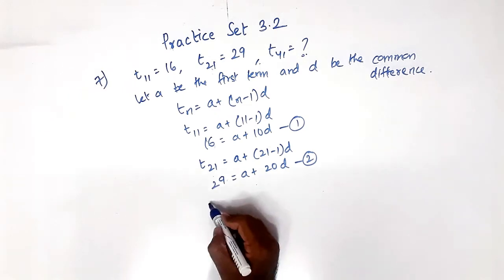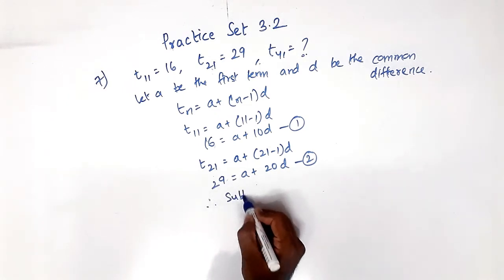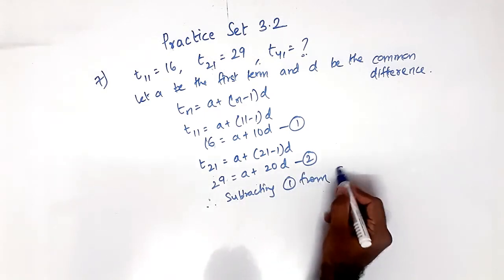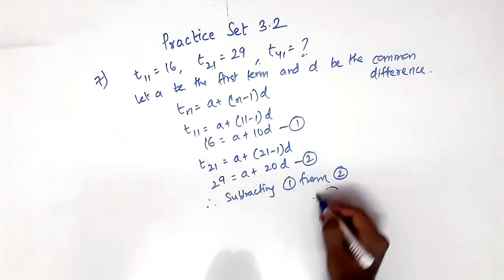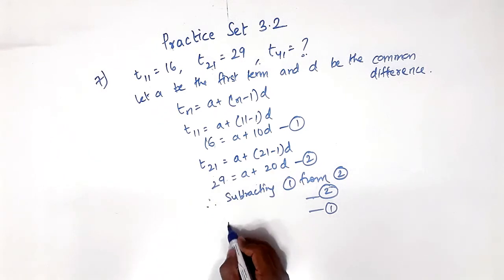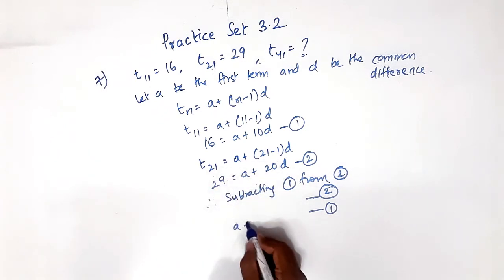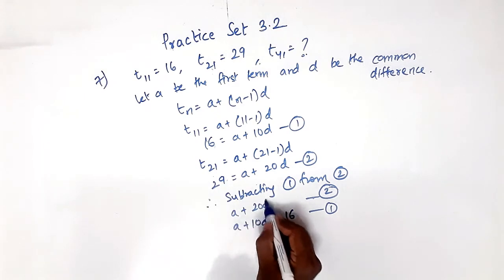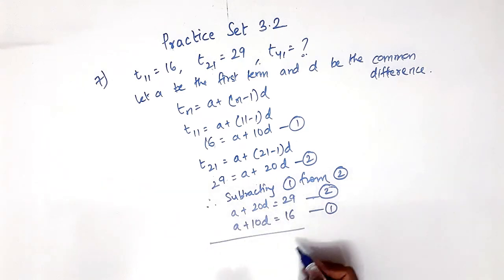Therefore, subtracting 1 from 2. So 1 is, I'll write it below, a plus 10d equals 16, and this is a plus 20d equals 29. Okay, so subtracting means the signs will get changed. Each term will carry a different sign.